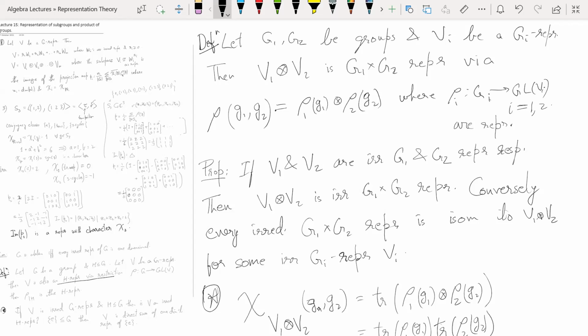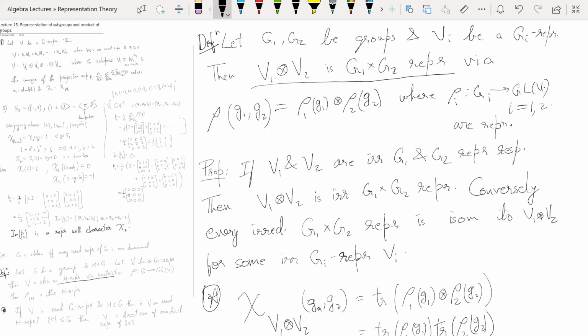You can define the representation on V1 tensor V2 of G1 cross G2 via rho 1 of G1 tensor rho 2 of G2. In terms of matrices, it's the tensor product of matrices we talked about.